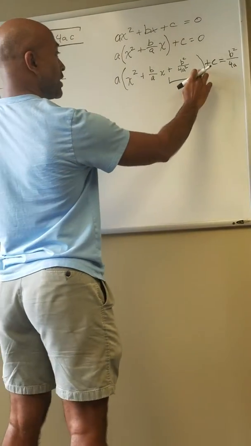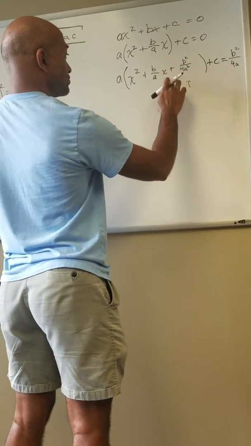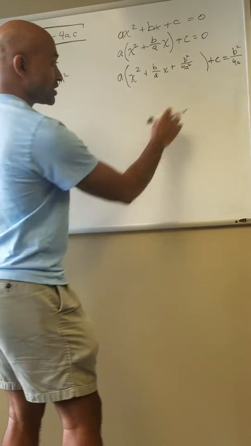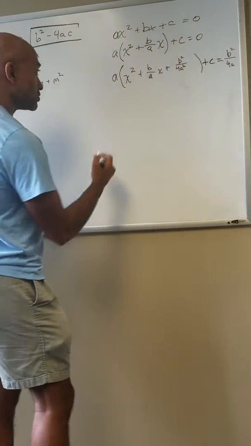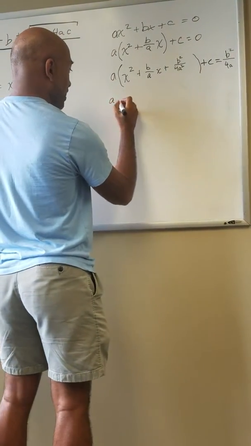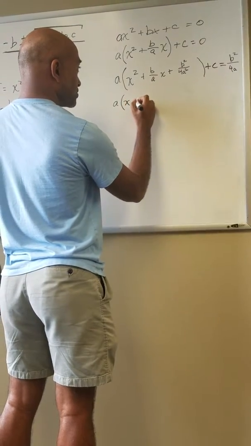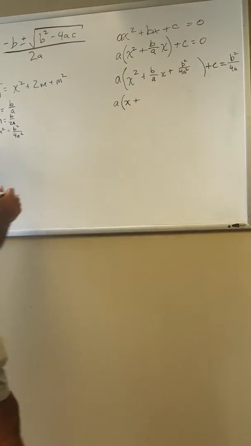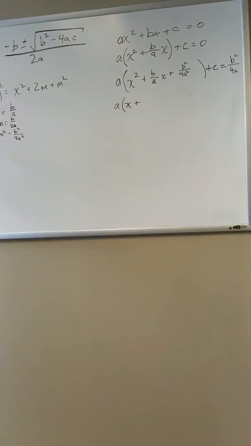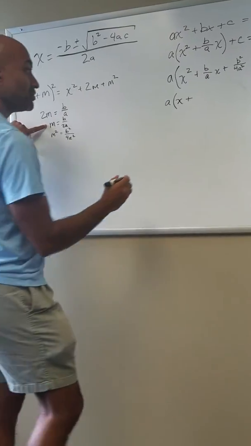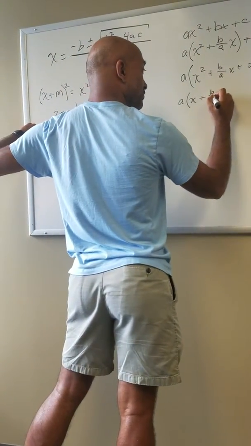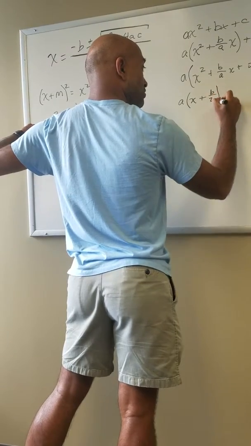Okay? And now, this is just merely an exercise in basic algebra. So now we have a times x, and remember the form here is the m, and we calculated m to be b over 2a. b over 2a squared.